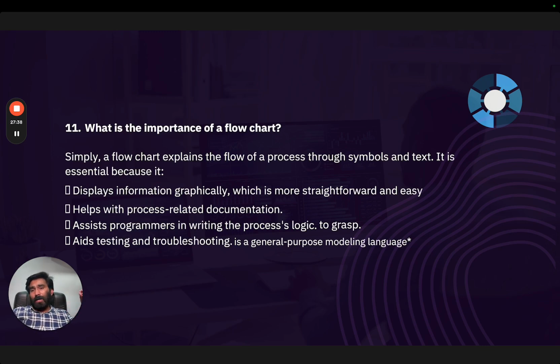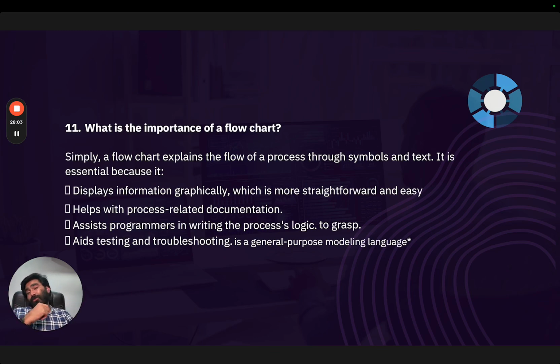Flowcharts also help with process related documentation and assist programmers in writing the process logic. If you provide them a flowchart, they can build the logic and accordingly develop the code and update it in the system. The last use could be testing and troubleshooting, as well as general purpose modeling.